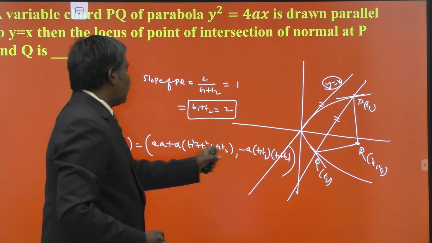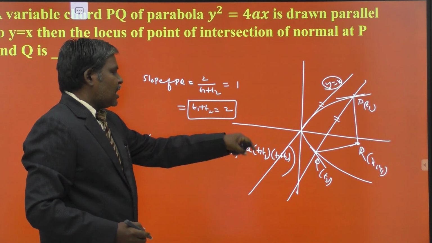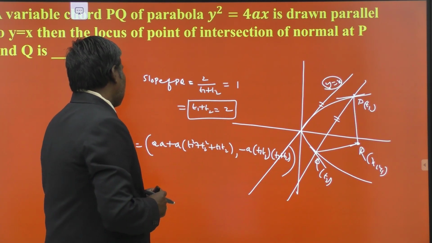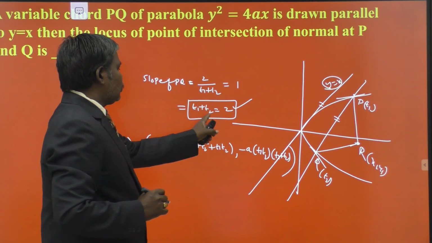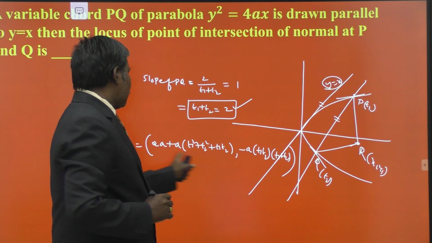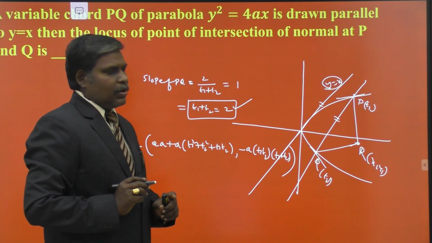These are the coordinates of the point of intersection of normals at P and Q to the parabola. With the help of the result t1 plus t2 is equal to 2, we have to eliminate t1 and t2, and we get the required locus.